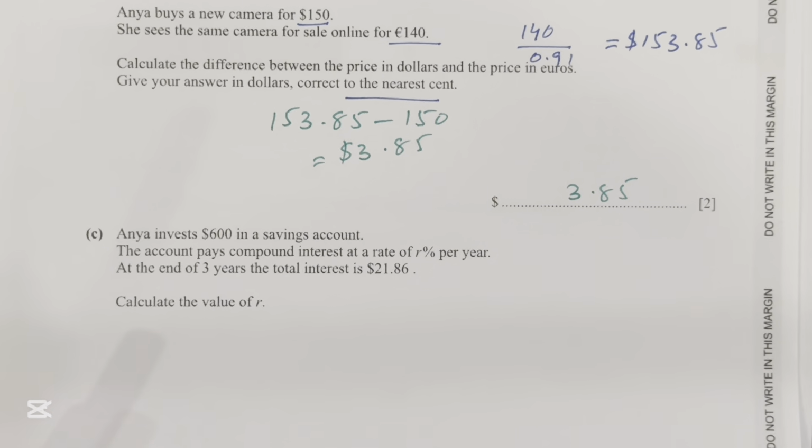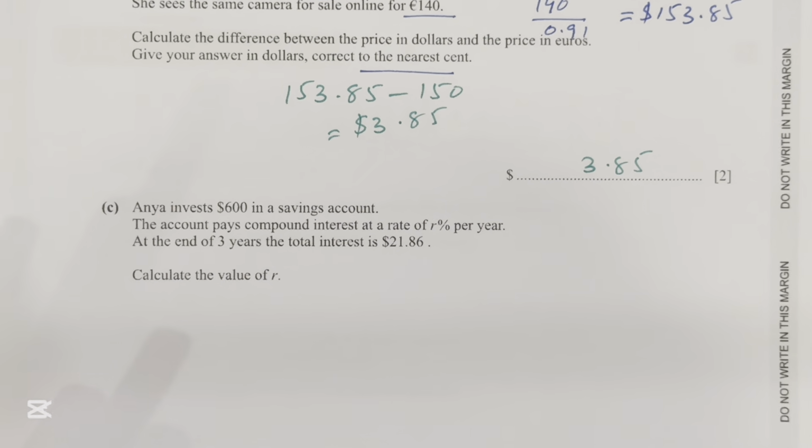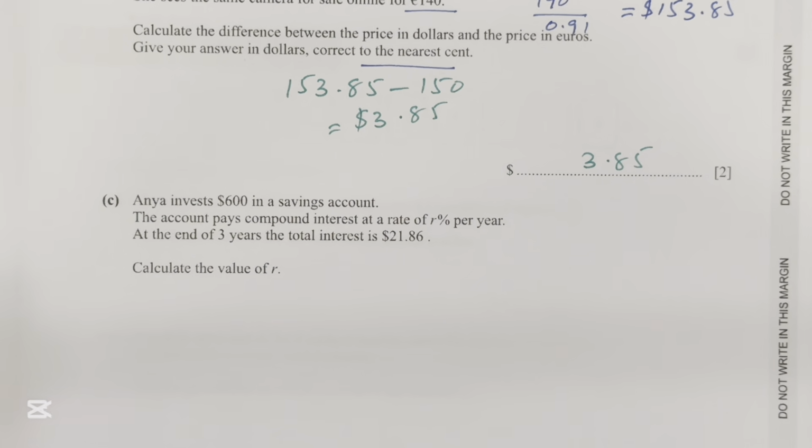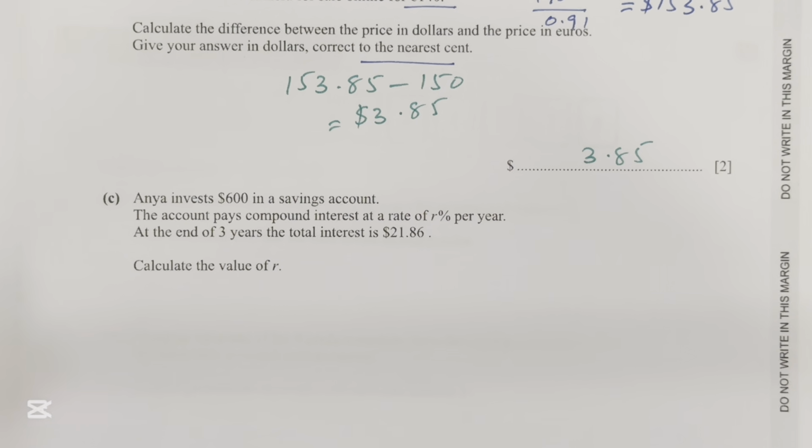Moving to the C part. C part is that Anaya invests $600 in a savings account. The account pays compound interest at a rate of R% per year. At the end of 3 years, the total interest is 21.86.